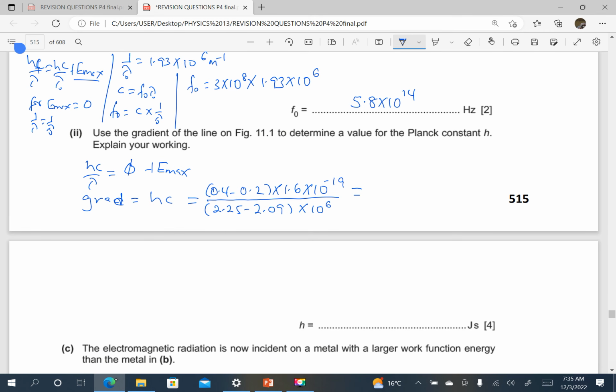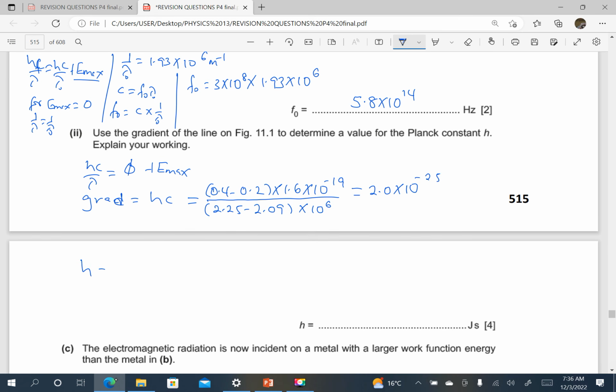So this is going to be the gradient. And my gradient is 2.0 times 10 power negative 25.